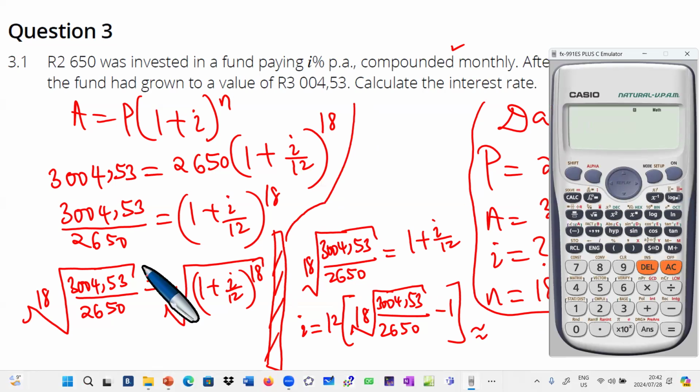Using our calculator, we'd have 12 times the 18th root of 3004.53 divided by 2650, minus 1.